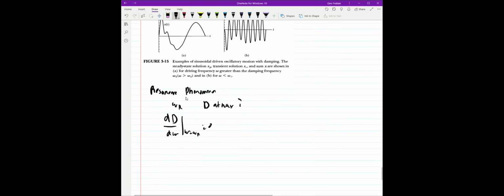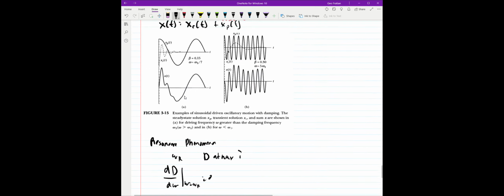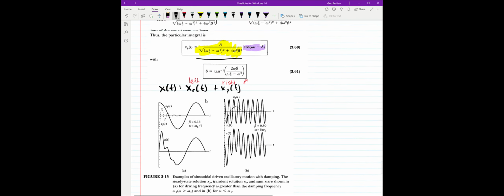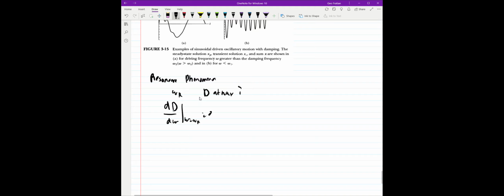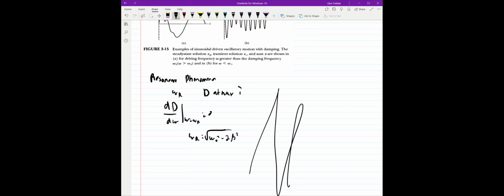If we differentiate our value for d, we get omega r equal to the square root of omega naught squared minus 2 beta squared. In other words, the resonance frequency omega r is lowered as the damping coefficient is increased. This should make sense because if we have a super high damping coefficient, you don't really expect a high omega; you're not going to get a lot of these fast.